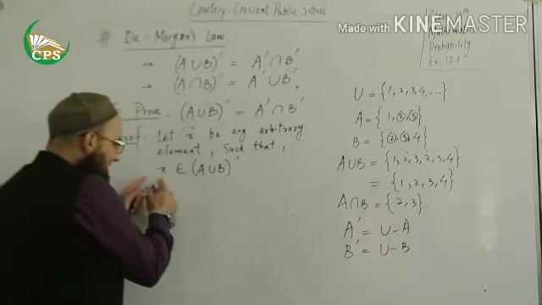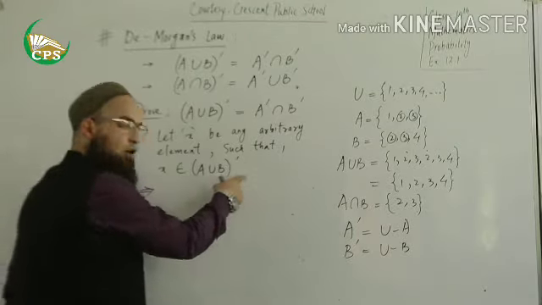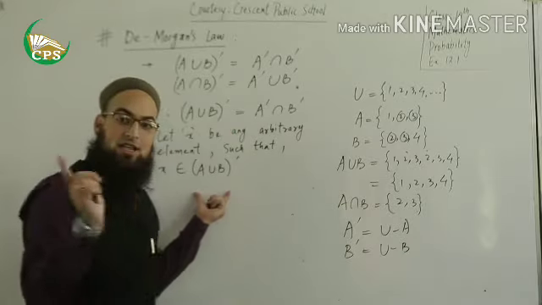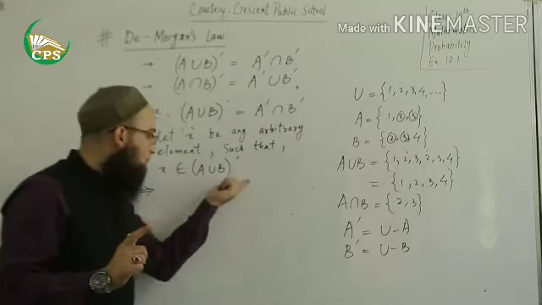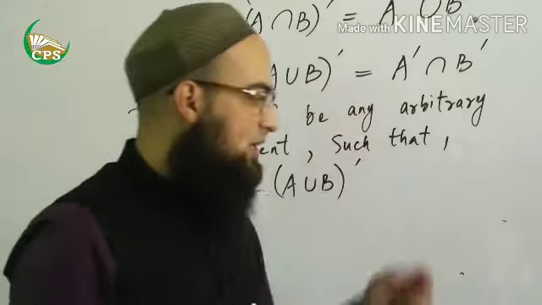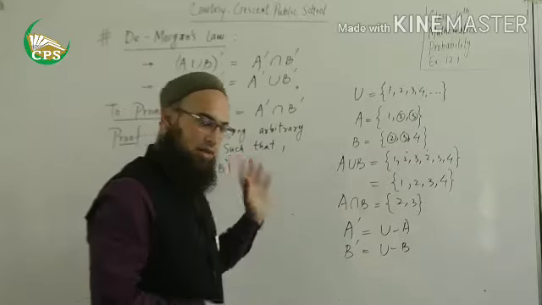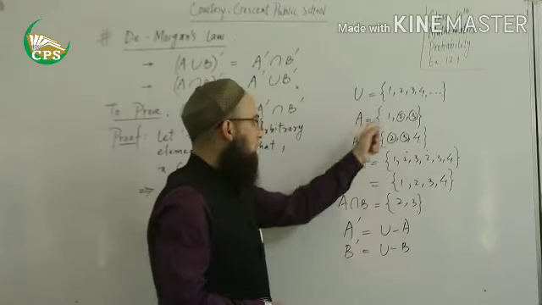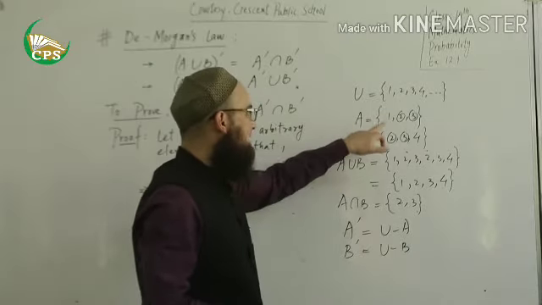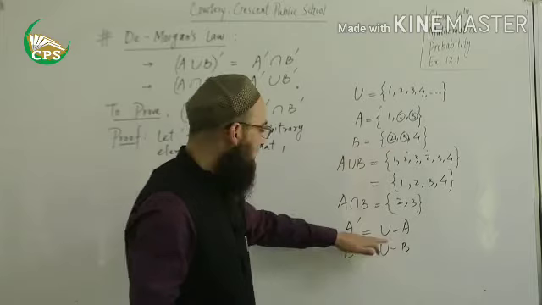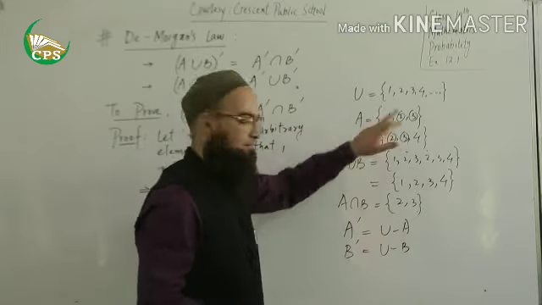That means if X is contained in (A union B) whole complement, it is not contained in A union B, because complement means the opposite. Like we had, complement is not event. If I have set A = {1, 2, 3}, A complement means the elements present in A complement are not present in A. Got it?